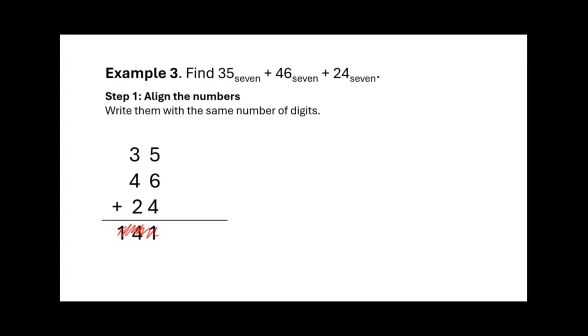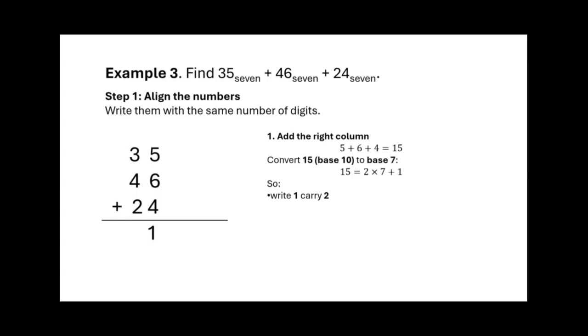But the first step is simply to write down all of the numbers, align them vertically like a regular sum operation, and match the units. So match 5, 6, and 4 all in the same column, and then 3, 4, and 6 all in the same column.